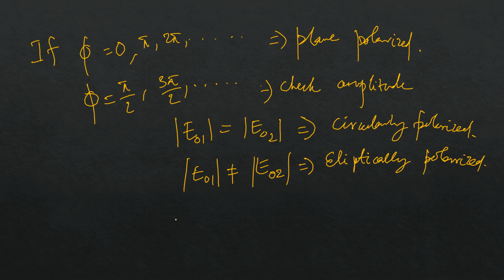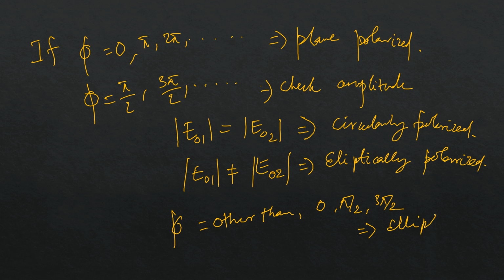Also, if phi is anything other than 0, pi by 2, 3 pi by 2 and so on, then it is also elliptically polarized.